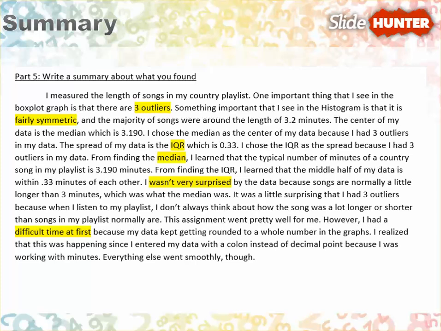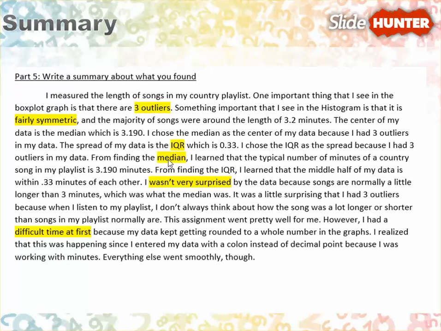Okay, so some things that you're going to want to include in your summary is the student said that she found there were 3 outliers, but overall her data was fairly symmetric. She said she chose the median because she had 3 outliers in her data. And remember, outliers impact your mean.